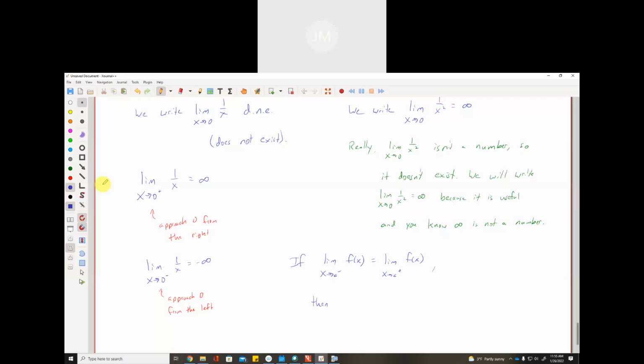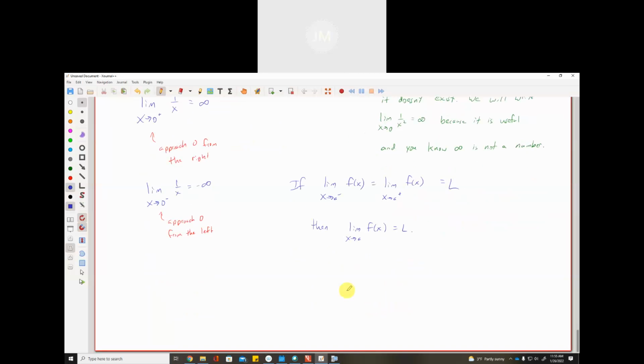So if both of those match, and let's suppose they're equal to something, we'll just call it L, then the limit as x approaches a of f of x is equal to L. Okay, so if the left and right limits match, then the limit exists, and if they don't match, then the limit does not exist.